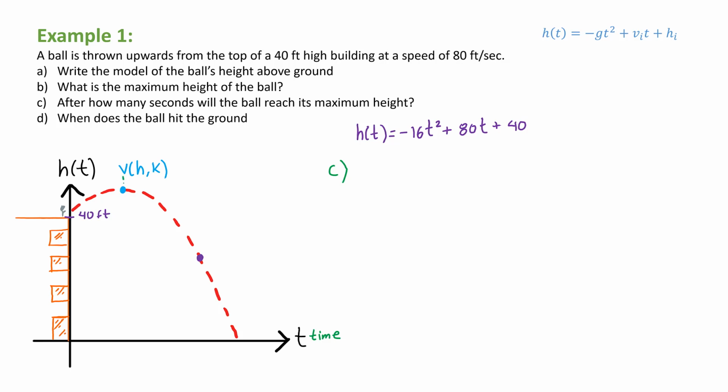We know that here is where the ball reaches its maximum height, but we want to know how much time it takes from when the ball was thrown to where it reaches its maximum height. That is given by the x coordinate of the vertex, which is h.